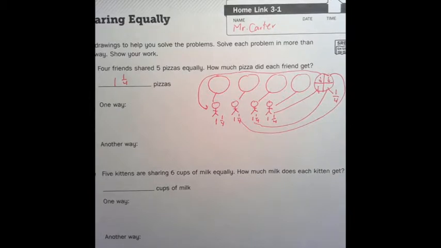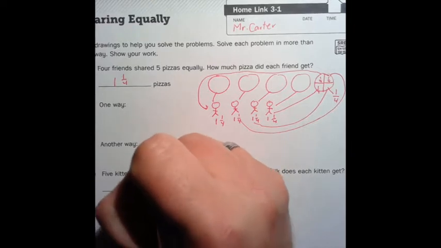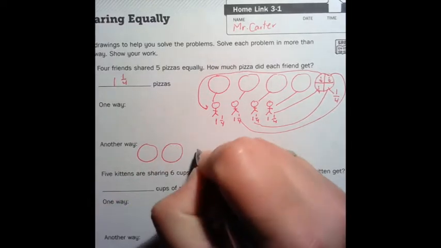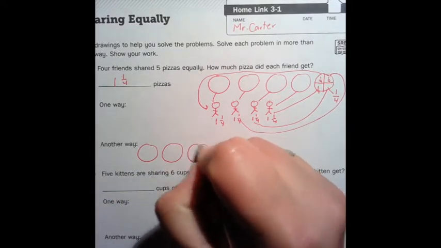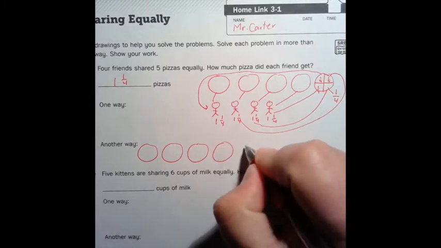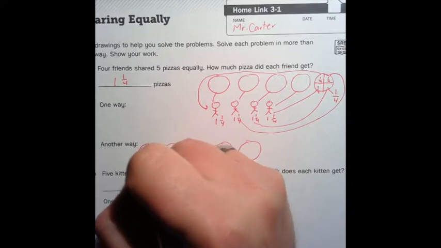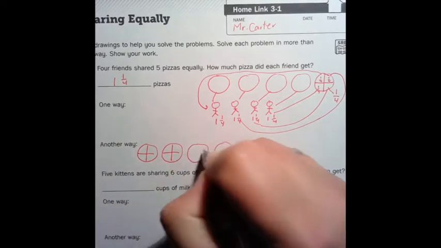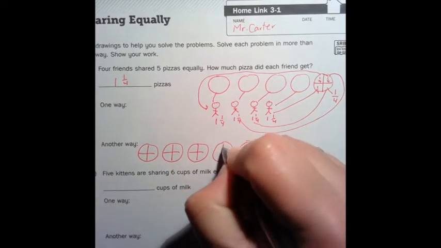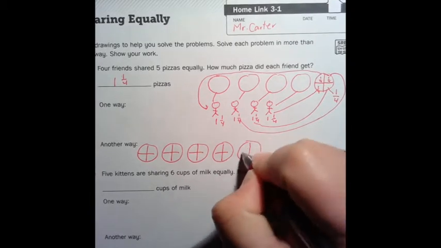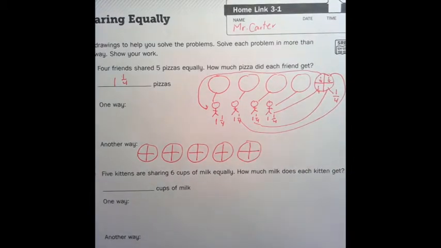Another way that we could have done it was to take all our pizzas. So that's 2 pizzas, 3 pizzas, 4 pizzas, 5 pizzas, and split all the pizzas into 4ths since there are 4 people, and just start counting slices of pizza.